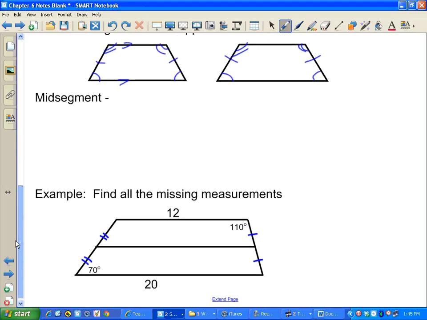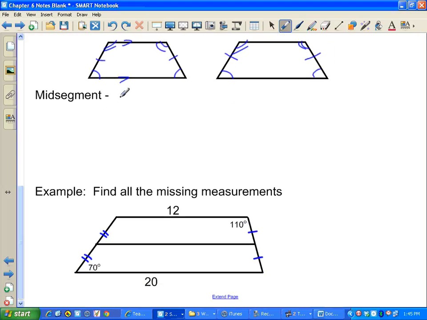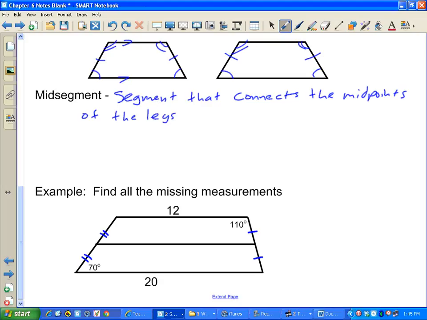Another thing that comes back from triangles is the mid-segment. Mid-segment is a segment that connects the midpoints of the legs. So if I've got midpoints of the legs and I connect those with a segment, I get a mid-segment.